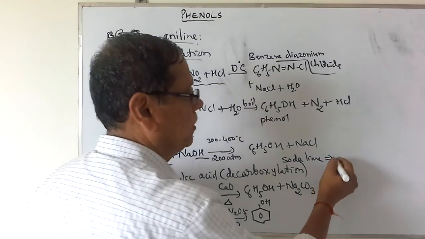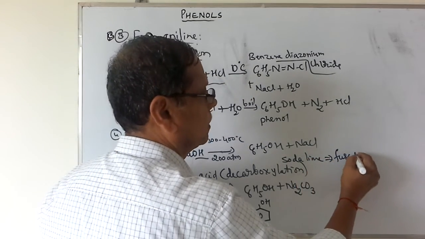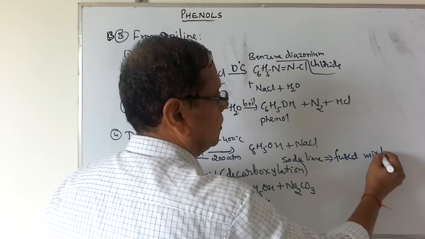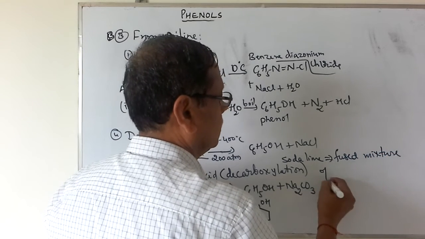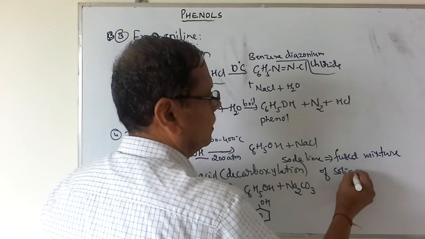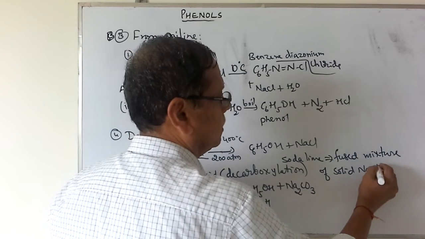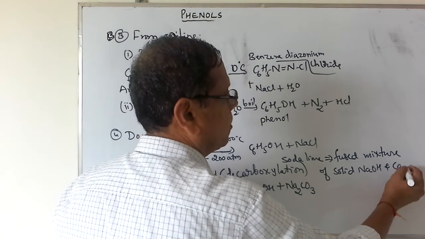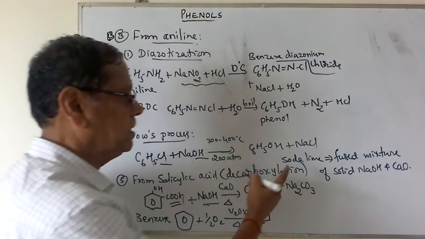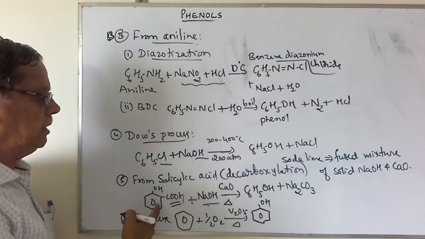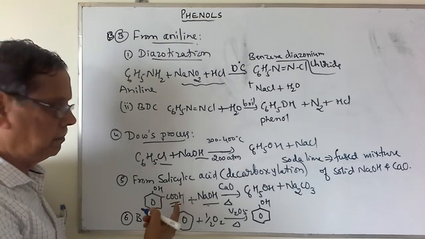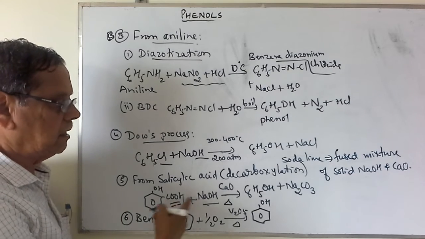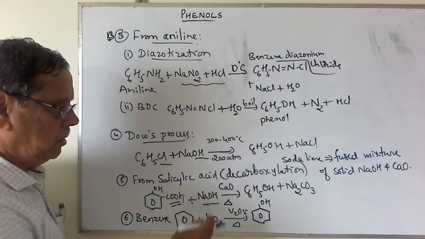Remember this name. Fused mixture of solid NaOH and CaO, calcium oxide, is named as soda lime. So by heating with soda lime, we get this sodium salicylate undergoing decarboxylation to give rise to phenol.